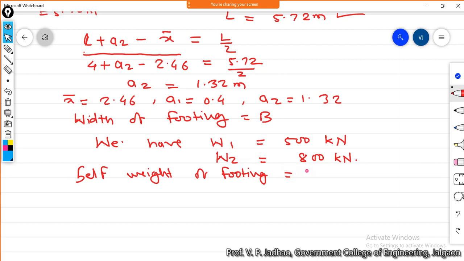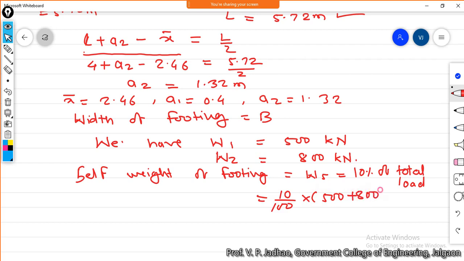This is equal to Ws, and we know that Ws, self weight of footing, is 10% of total load on both the columns. So this is equal to 10 divided by 100, multiplied by 500 kilonewton W1 plus 800 kilonewton W2. So Ws, that is self weight of our footing, will be equal to 130 kilonewton.